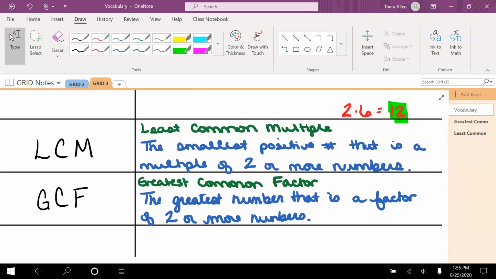If you have the same problem, 2 times 6 equals 12, 2 and 6 are both factors of 12. Factors are what you multiply together to get a multiple.